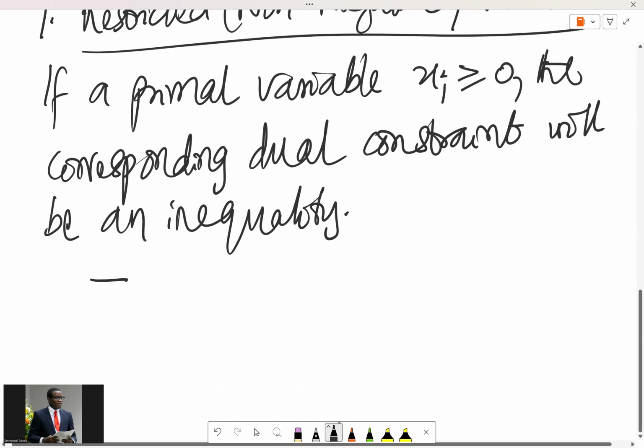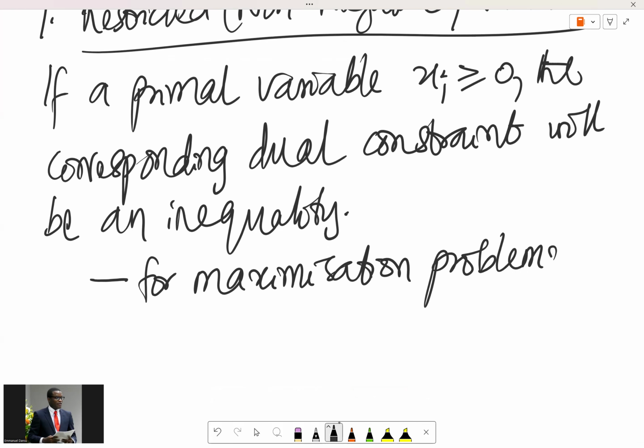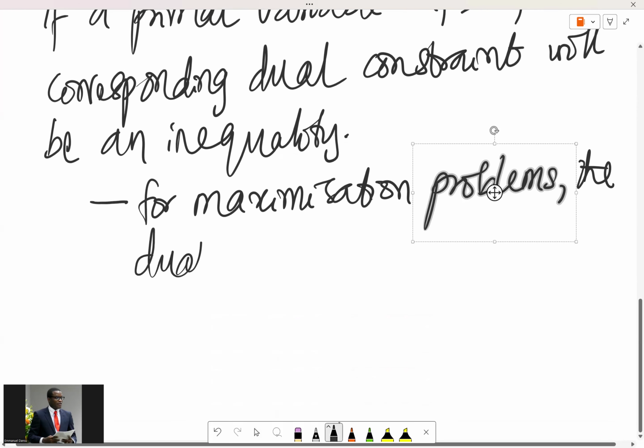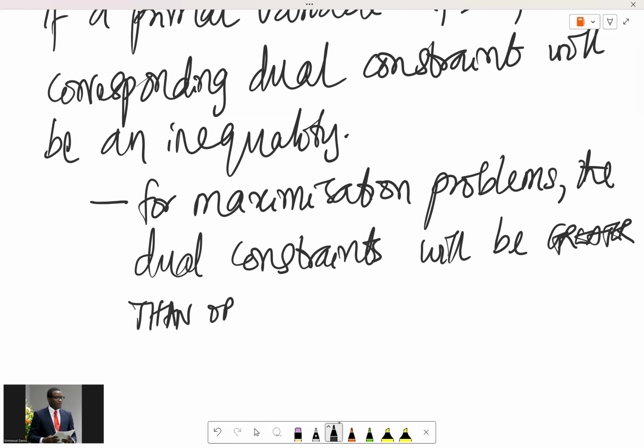Number one, for maximization problems, the dual constraint will be greater than or equal to, like the one we saw in the previous video.